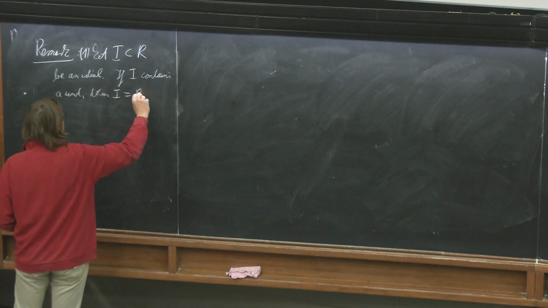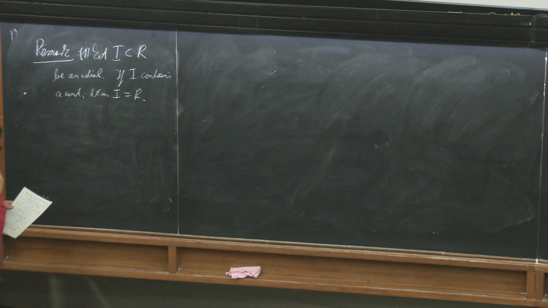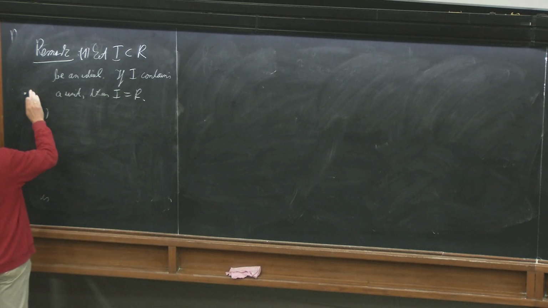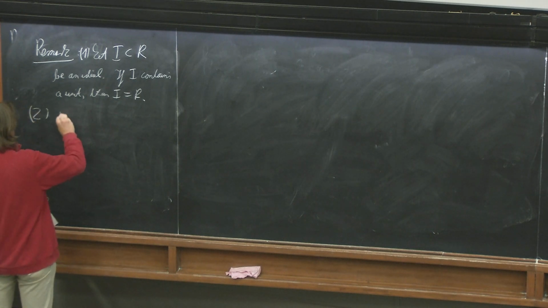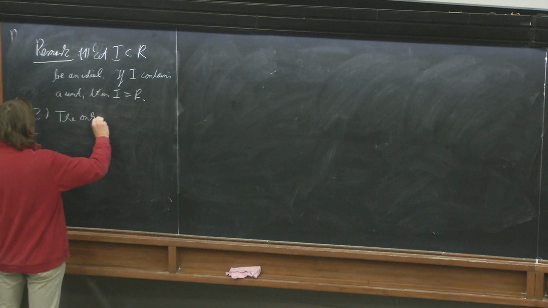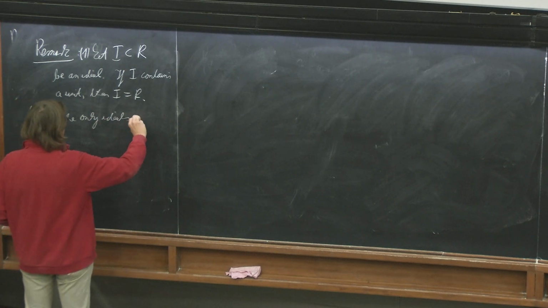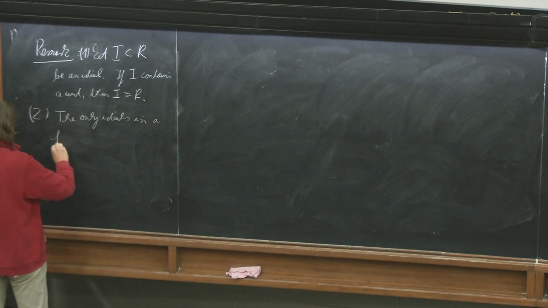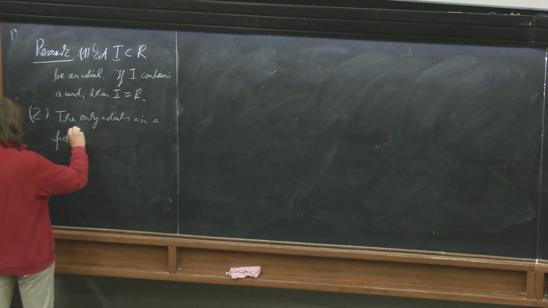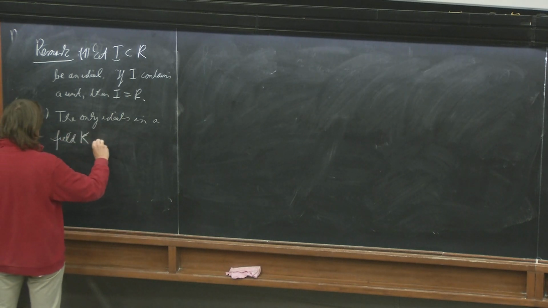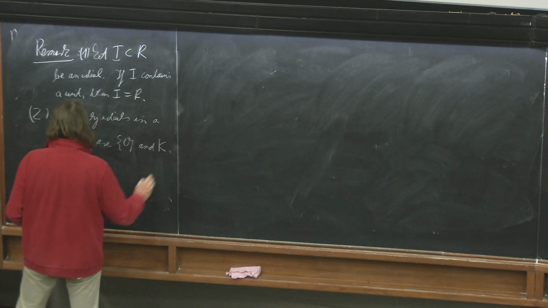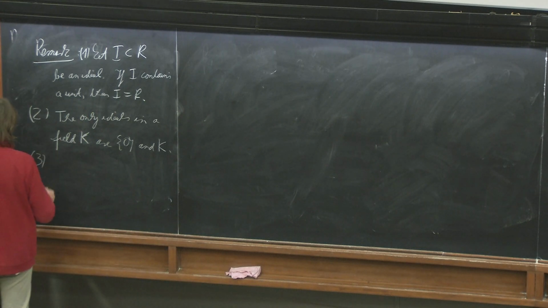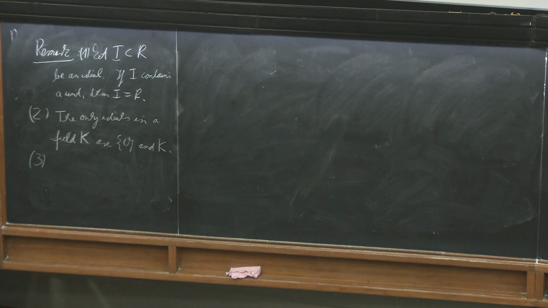I is equal to R. Then the second is what I just said, that the only ideals of K are 0 and K. And the third is a consequence of that, which is maybe the main way one uses this statement.